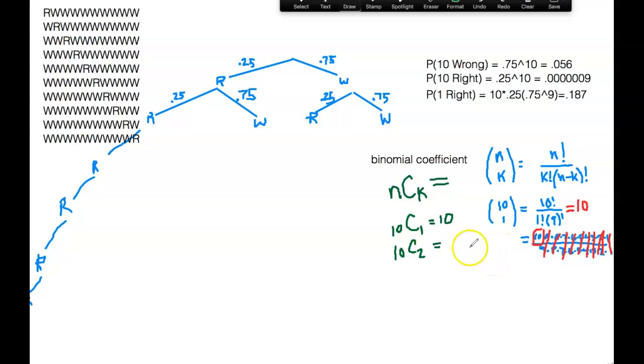So that'd be 10, 2, which is 10 factorial over 2 factorial times 8 factorial. I said 8, I didn't write 8. Okay, there we go. So the 10 factorial, I'll do it down here.